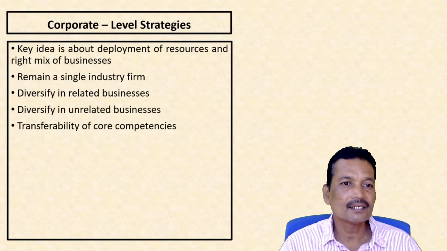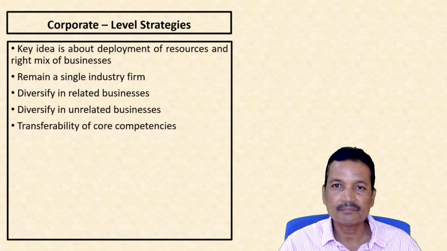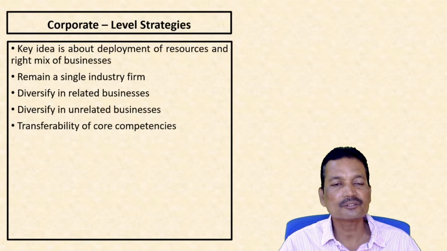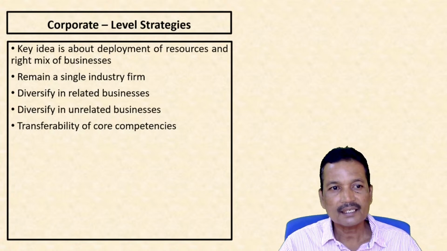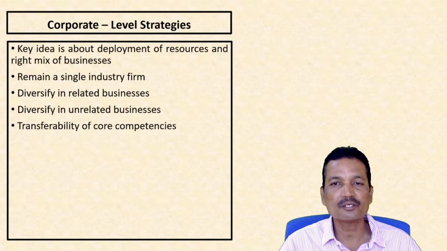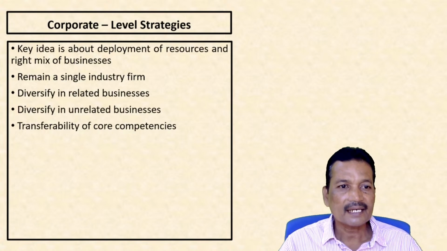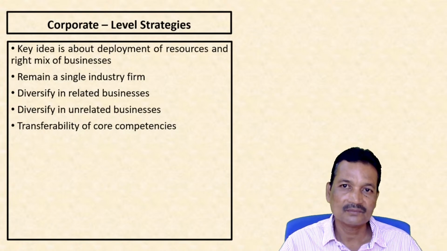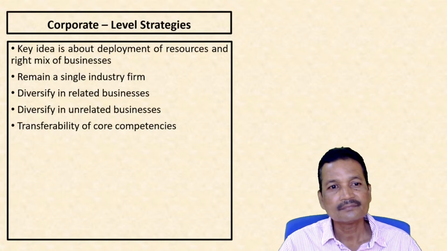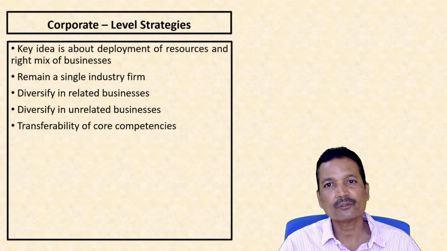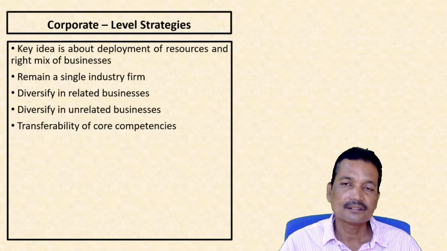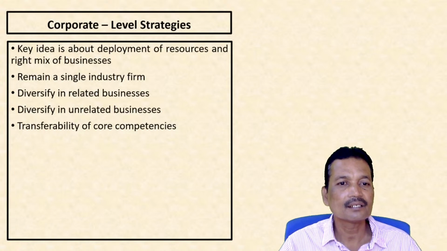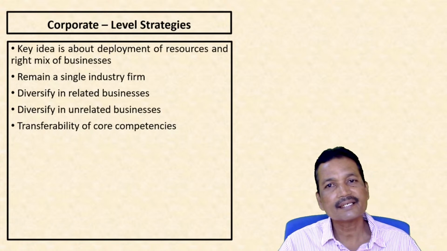So some of the strategies are either you remain a single industry firm, that means you produce a particular item, or diversify in related businesses. Honda diversified in related businesses where motors are being used. Or diversify in unrelated businesses. We can take the example of Reliance Industries. It has moved into businesses like petrochemicals, garments, telecom, etc., which are all unrelated businesses.